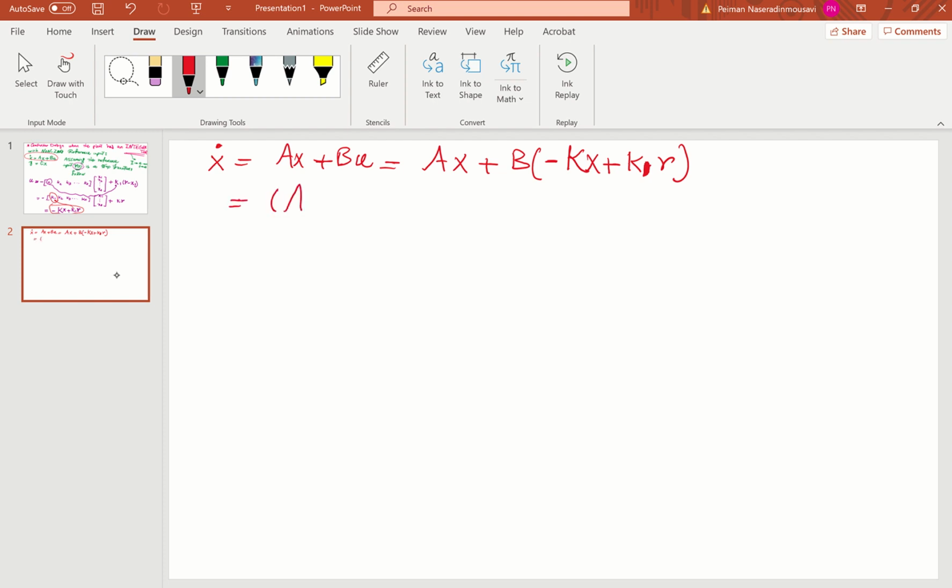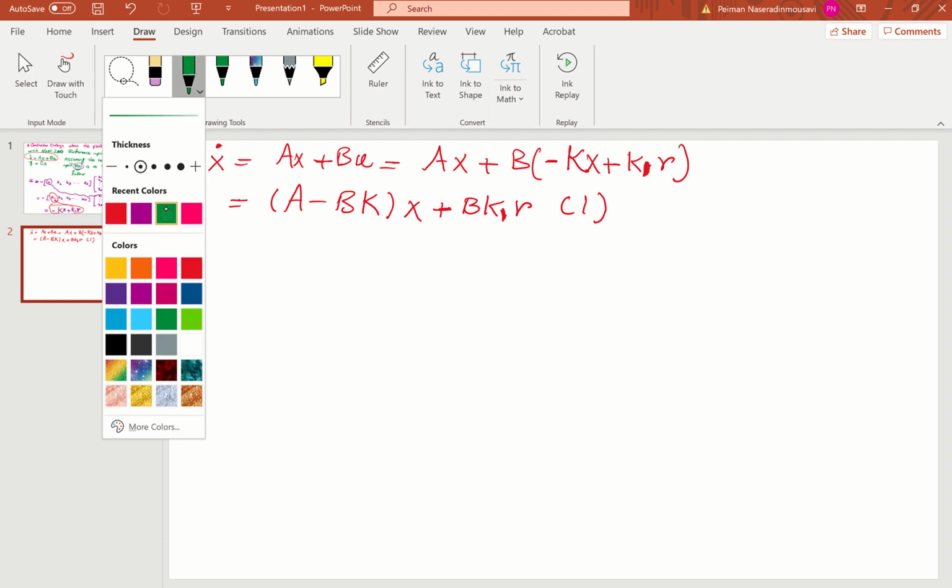What you're going to have again is A minus BK, as we have seen previously, and the remaining is going to be plus B K1 r, right? Equation number 1.